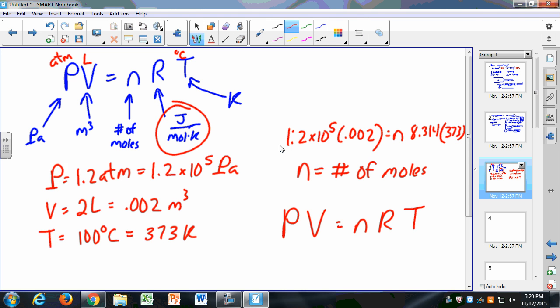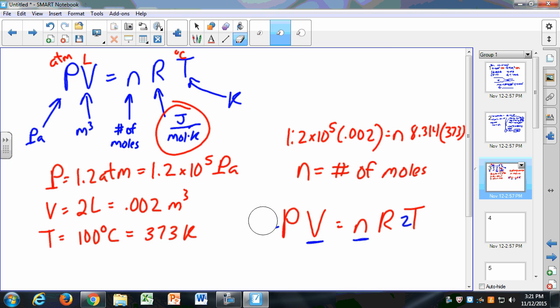The pressure times the volume. But let's say that I tell you the amount of the gas is constant. And let's say the volume of the gas is constant. If T goes up by a factor of 2, what happens to the pressure? It also has to go up by a factor of 2, right?